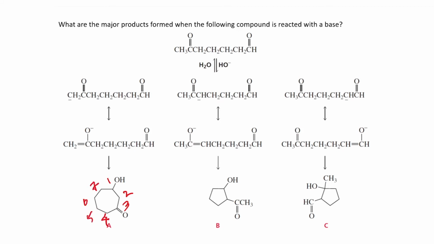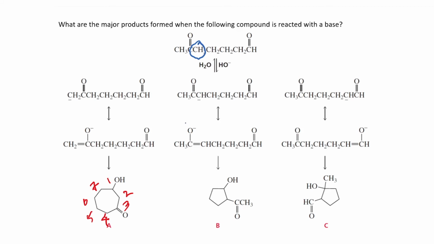We have studied in the past that formation of ring systems larger than 6 is not highly favored. It can occur, but it's not highly favored. Nevertheless, let's keep that in mind. We move on to the next enolate, which can be produced over here. Once this enolate is produced, it can also undergo an intramolecular reaction, and it gives you the following products.